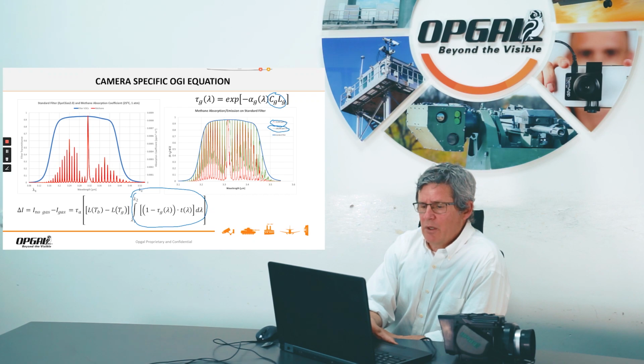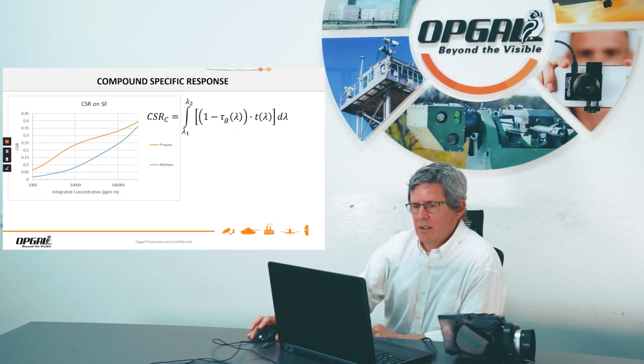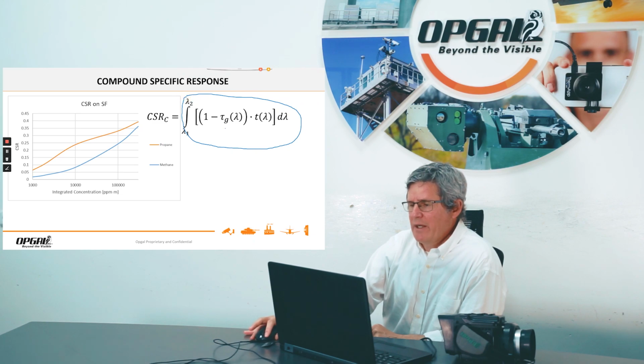And this is what we call the CSR, the compound specific response. I took this integral that integrates 1 minus the transmission through the filter times the filter transmission, integrated between the two wavelengths, the two edges of the filter. I call it compound specific response.